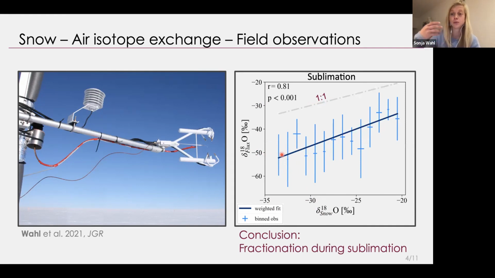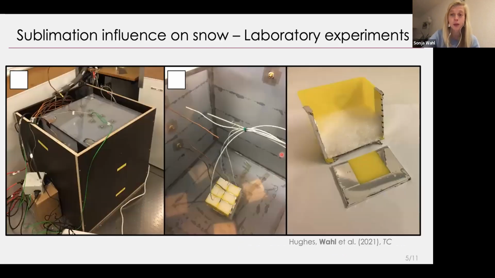So then with this, we of course have to ask ourselves, what does this do to the snow isotopic composition? Because that's what we are interested in. And we then went to the lab and set up a laboratory experiment within controlled environmental conditions.